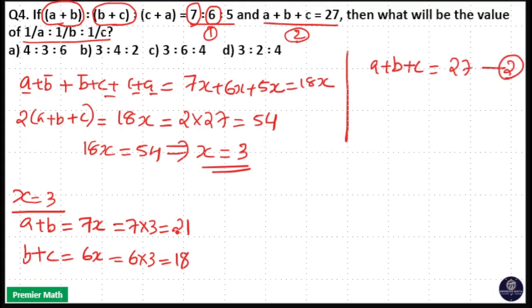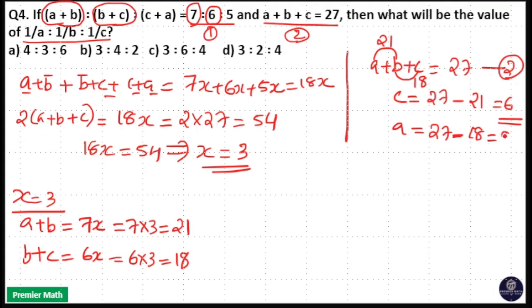So we have a plus b is equal to 21. That means c is equal to 27 minus 21. That is 6. The same way we have b plus c is equal to 18. That is a is equal to 27 minus 18 is equal to 9.